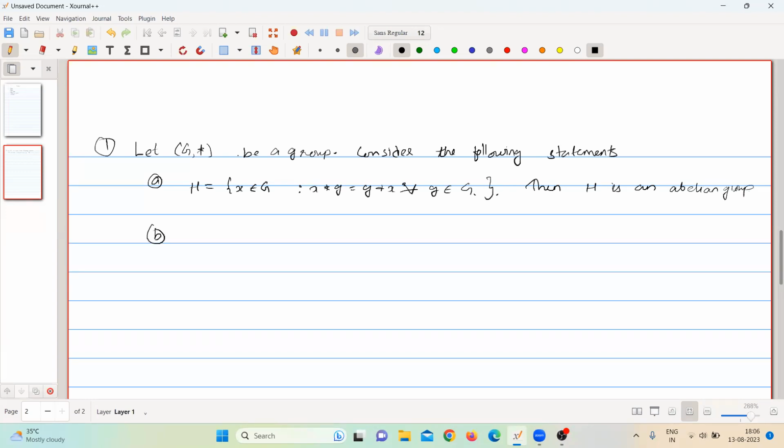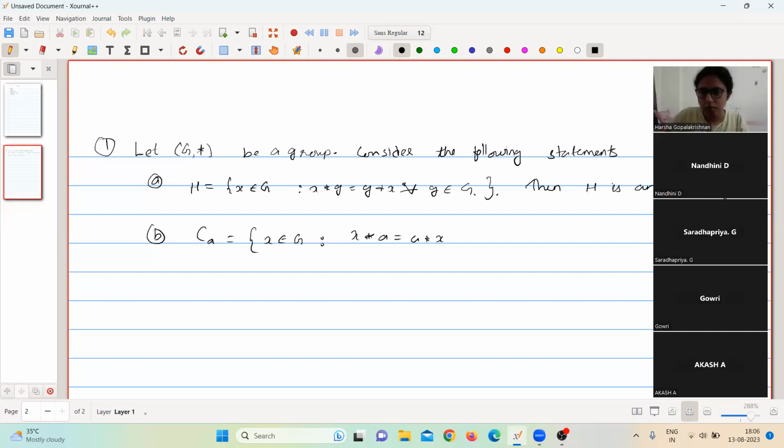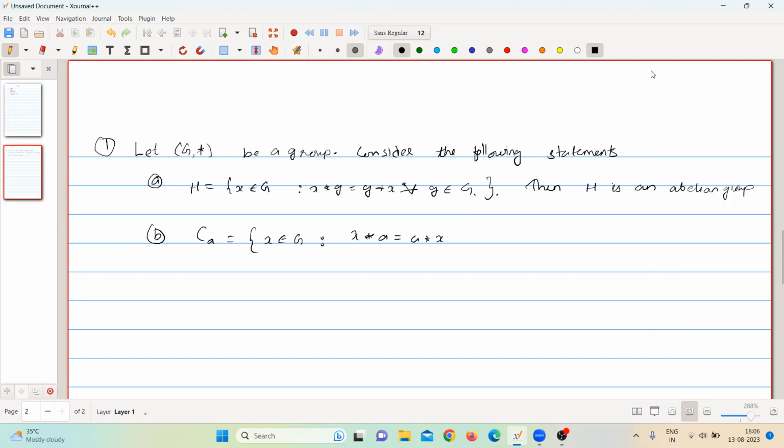And the second statement is: given a in G, C(a) is the set of all x in G such that x star a equals a star x. So the group C(a) is given like this, and the question is whether C(a) is abelian or not.